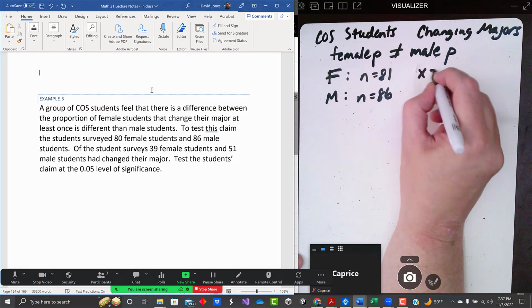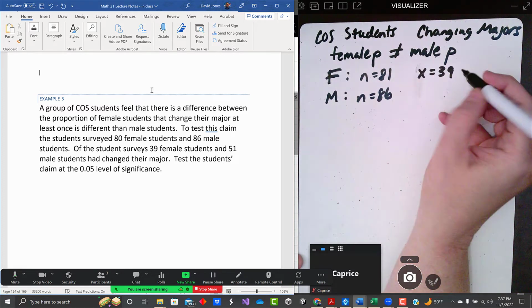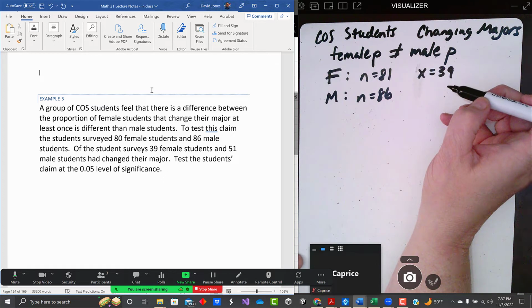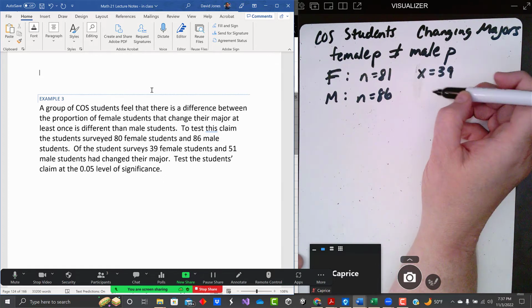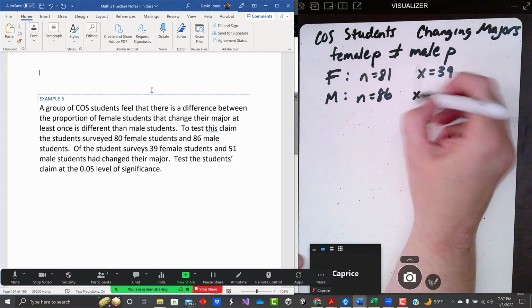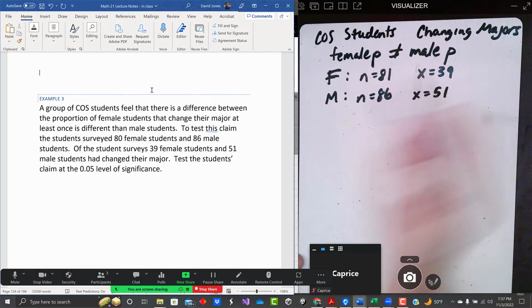Again, they didn't give us the percentage. They gave us values, which is what we want for the hypothesis test. And 51 male students changed their majors. Test the student's claim at the 0.05 level of significance.